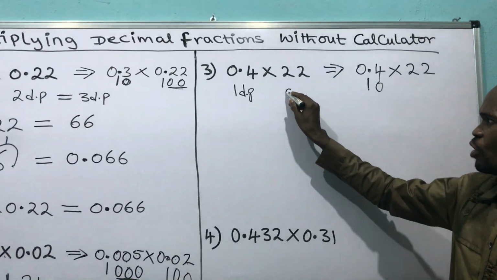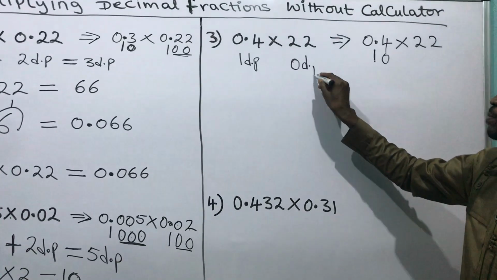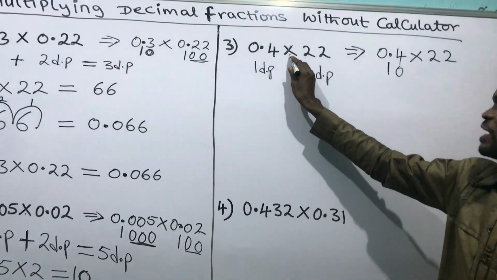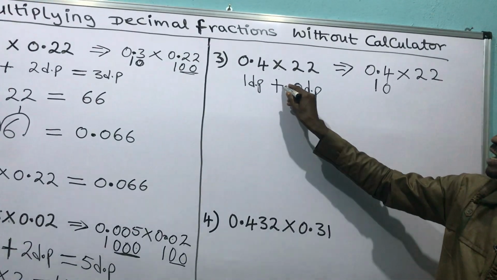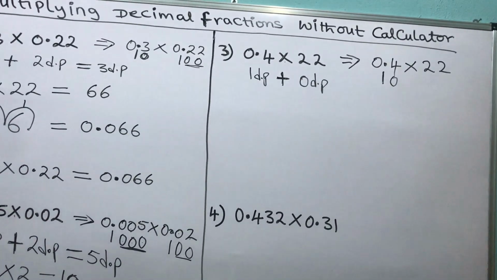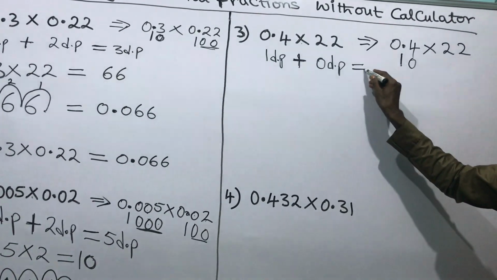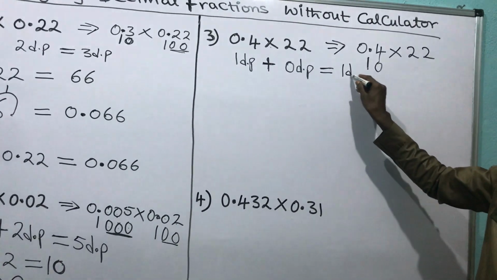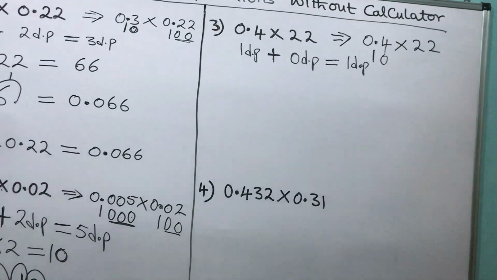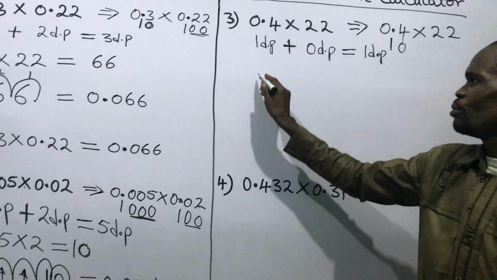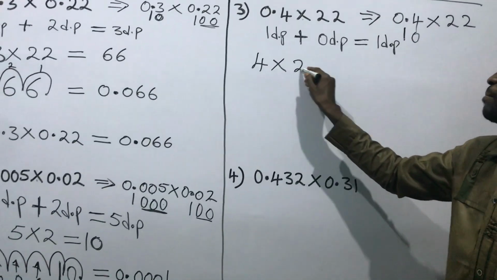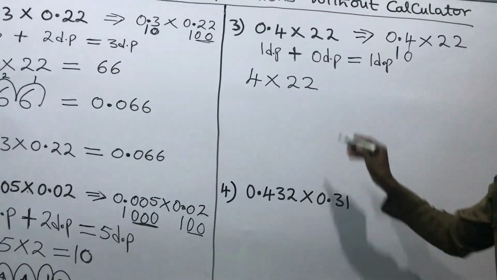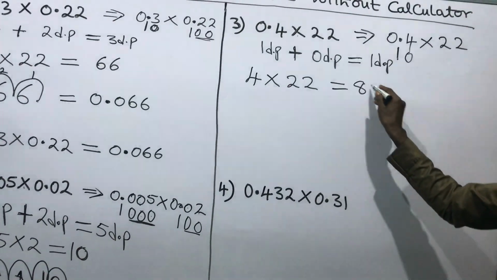Multiplication in the indices law means addition. I'm going to say this plus this, and that gives me a total of 1 decimal place. Then I'm going to multiply this as if they are not decimal fractions. That gives me 4 times 2, which is 8.